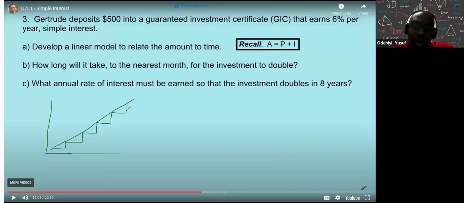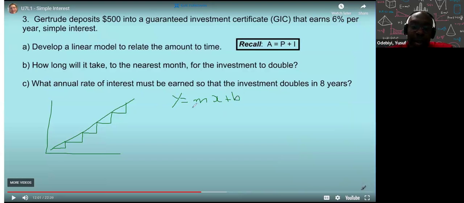Rise over run, that's what I'm showing you. The run is 1 year, the rise is your interest increase, your interest amount. It's going to be the same each year. So if I were to plot that, I would get a straight line. So if you remember grade 9, the formula for a straight line is y equals mx plus b.